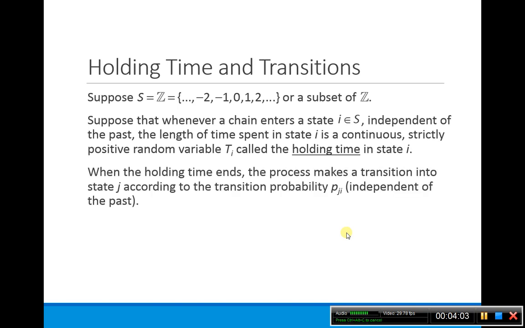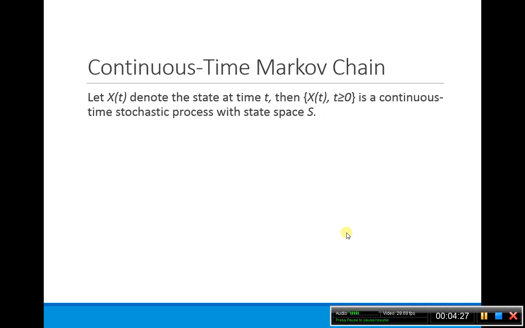Okay, so the important thing here is that when the holding time ends, the process then makes a transition into another state j according to some probability, just like we had before. So we had the probability of moving from state i to state j is pij. We have the same idea here. It's just how long it spends in that state before it actually transitions.